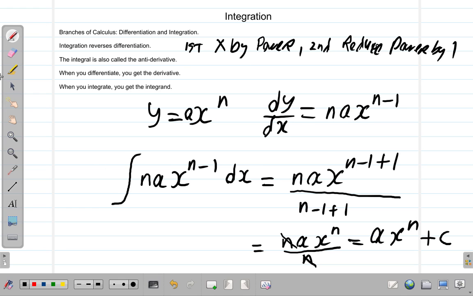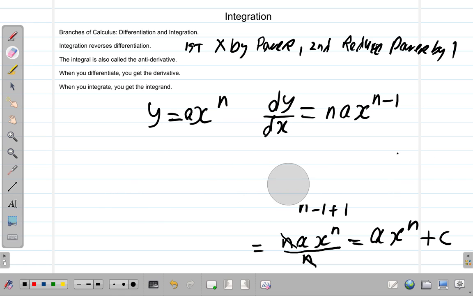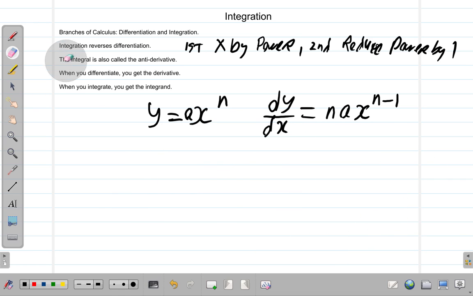Now, what happened in the integration was this. Let me just erase what I have here. So, what you do in integration of a power, you first of all, not reduce, you increase the power by 1.